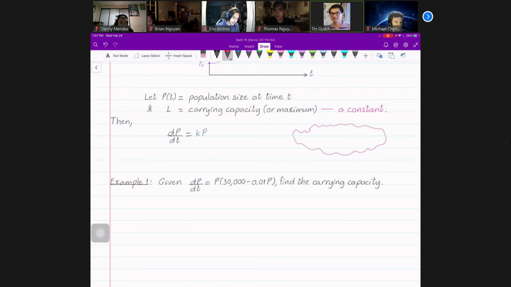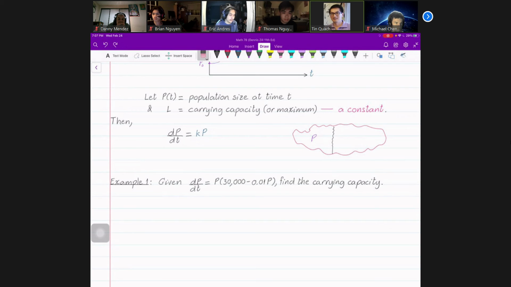So let's say we have P right here. That's how many people there are at the present. We're saying that this state currently has this many people.